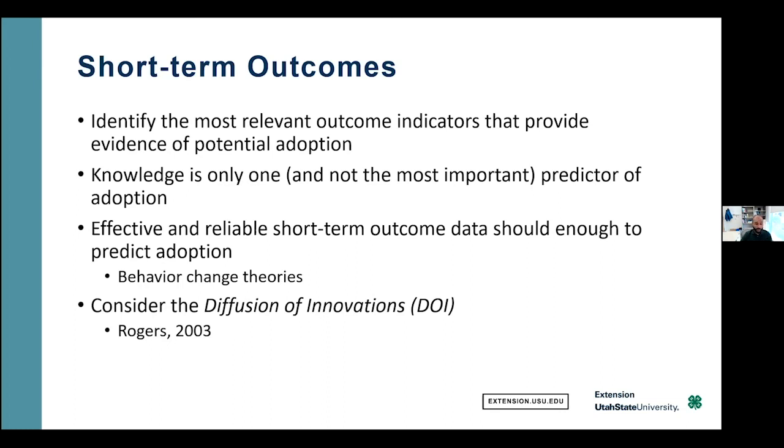So one of the things that we use a lot in evaluation is use change theories to connect short-term and medium-term outcomes. What are those factors of change? What predicts change? What are the most important things that need to happen before change occurs? And change being that medium-term outcome.